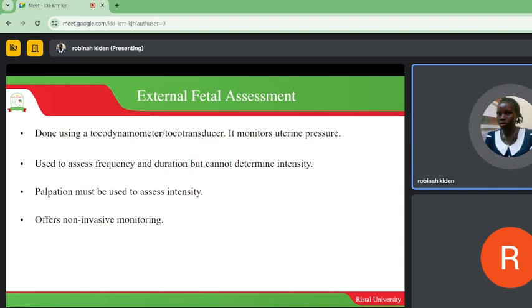The external fetal assessment also offers non-invasive monitoring, like what I have already talked about: the tocotransducer that is used for monitoring the frequency and also the duration of the uterine contractions. Then the palpation can be used to determine the intensity of the contractions.